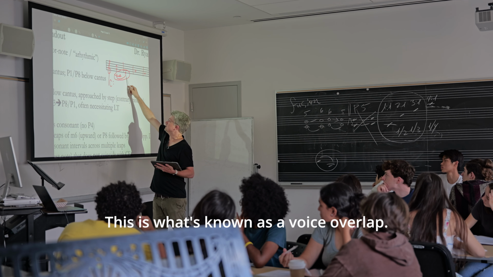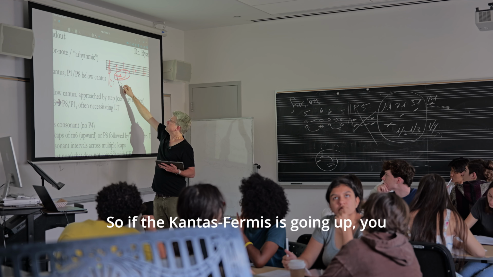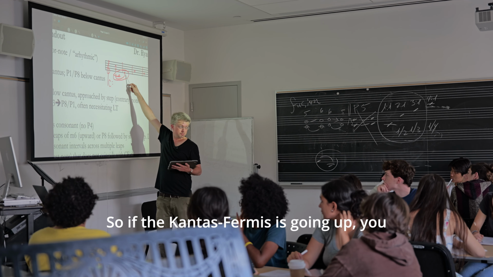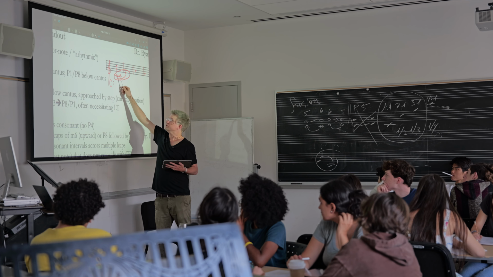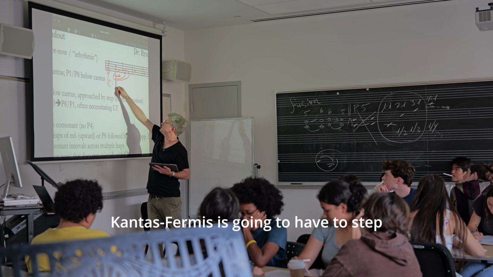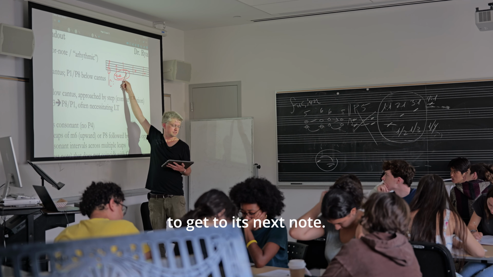This is what's known as a voice overlap. So if the cantus firmus is going up, you can't begin on a unison because the cantus firmus is going to have to step over the counterpoint to get to its next note.